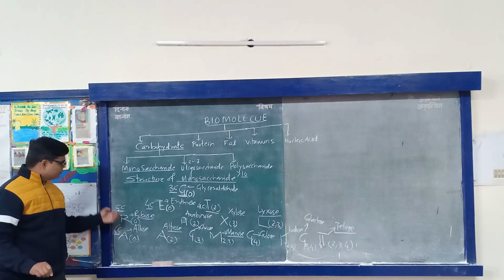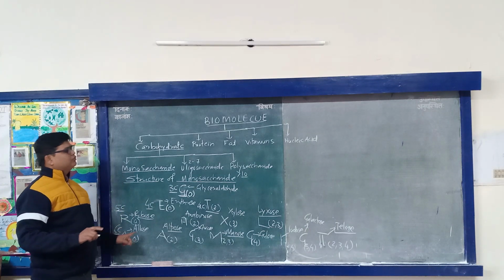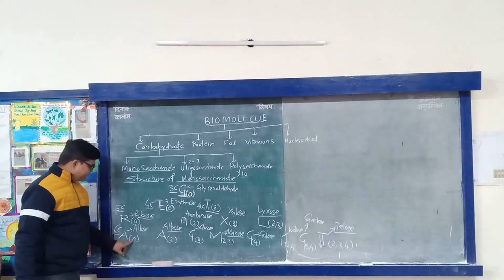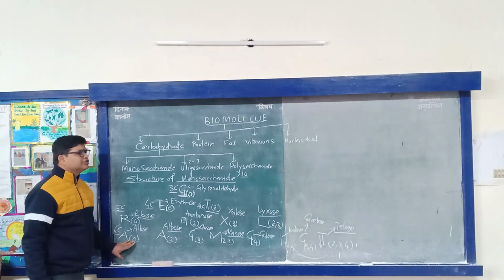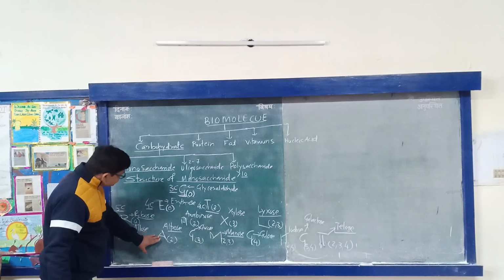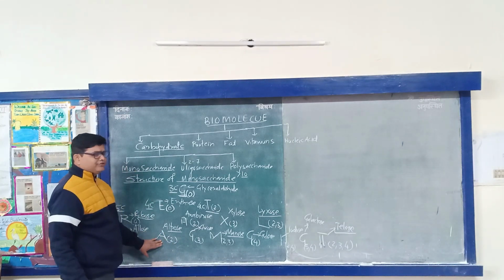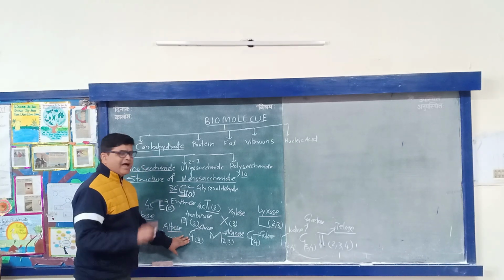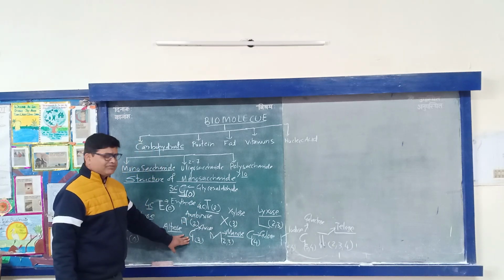If you want to recall at which carbon the hydroxy group is on the left or right side: in allose, all the hydroxy groups in the straight chain are on the right side. In altrose, the hydroxy group at carbon number 2 is on the left side. In glucose, at carbon number 3 it is on the left side.